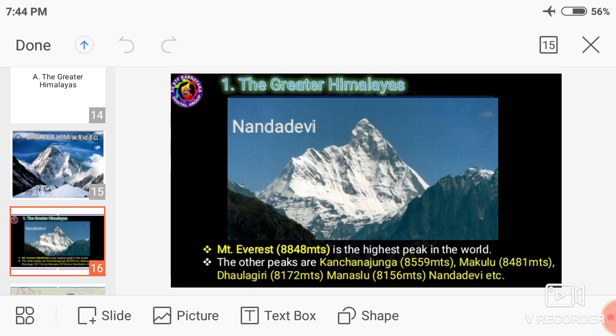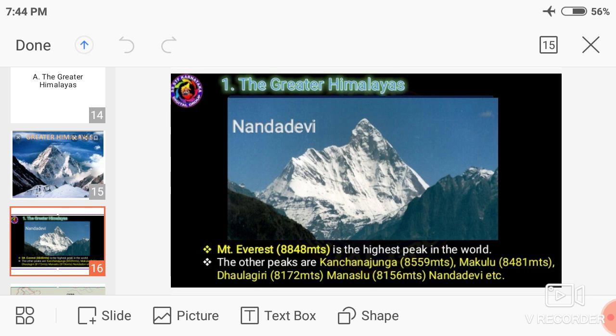The average height of the range is 6,100 meters.